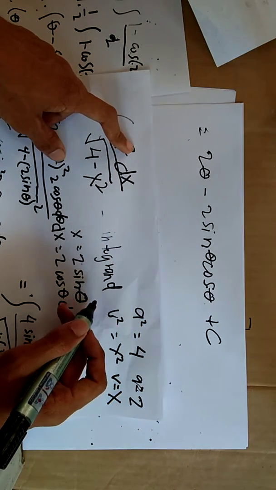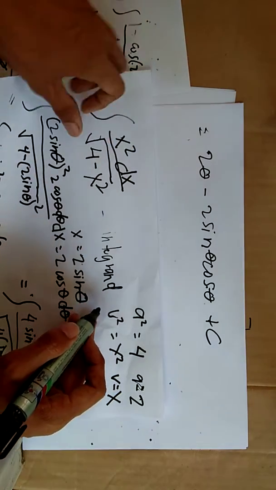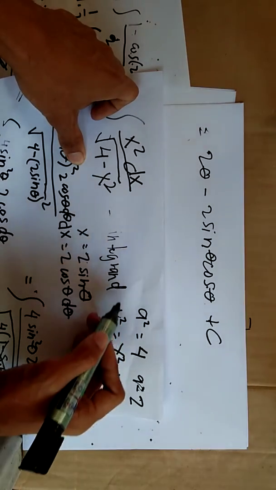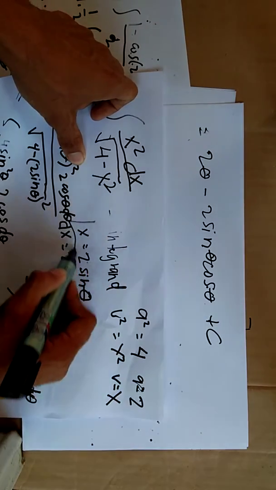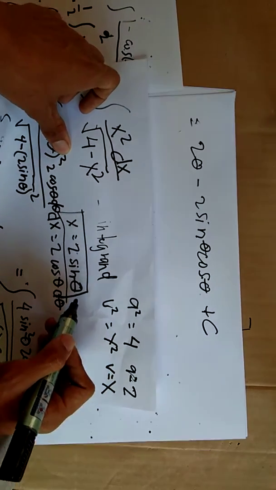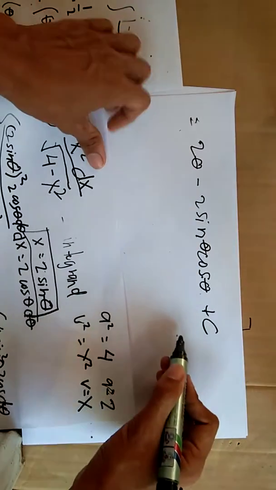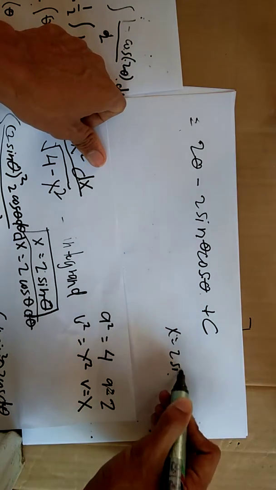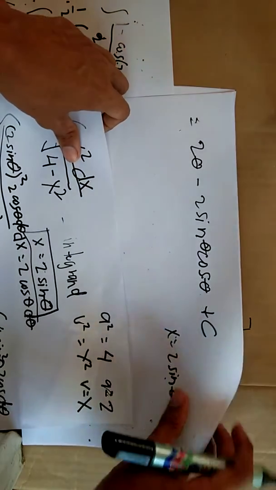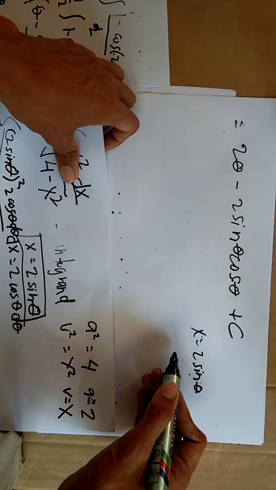First, let's determine our theta by substituting this equation into theta and sine theta. So x is equal to 2 sine theta. First, let's determine our theta.